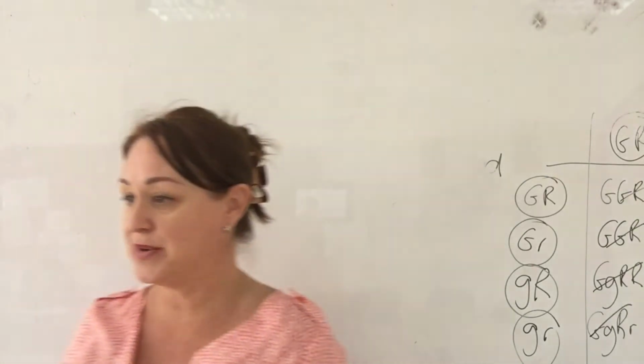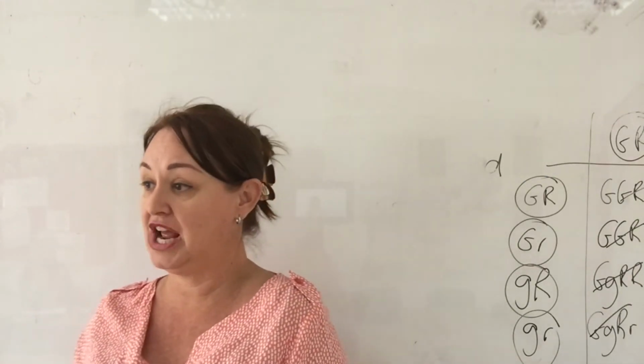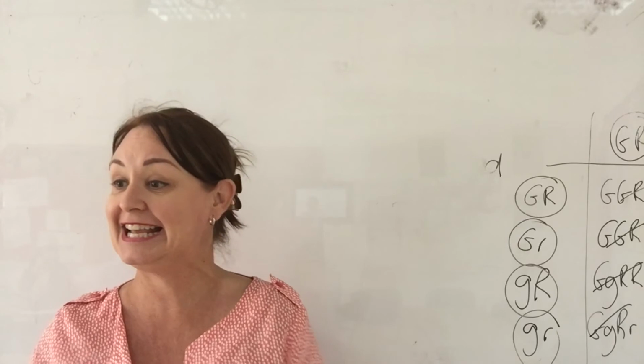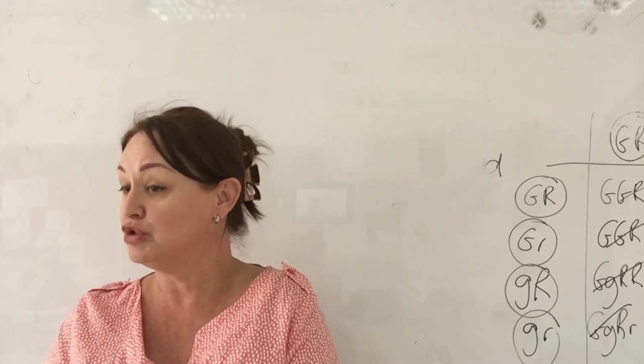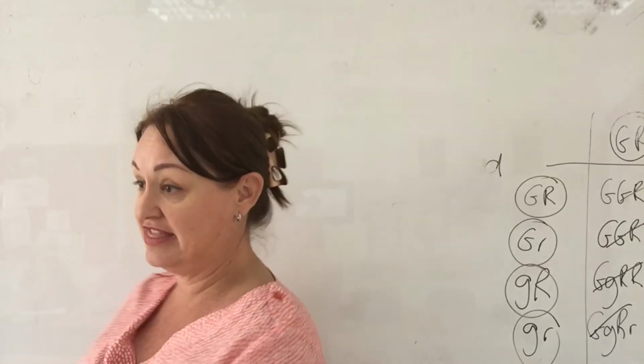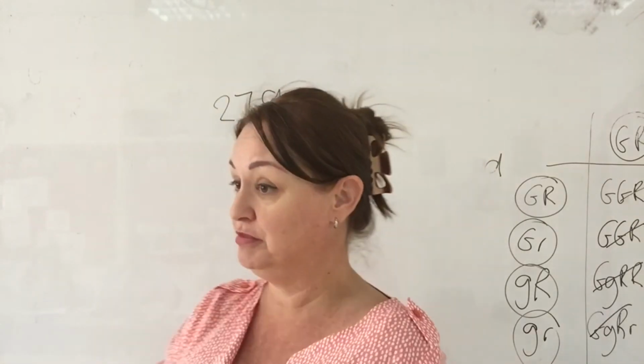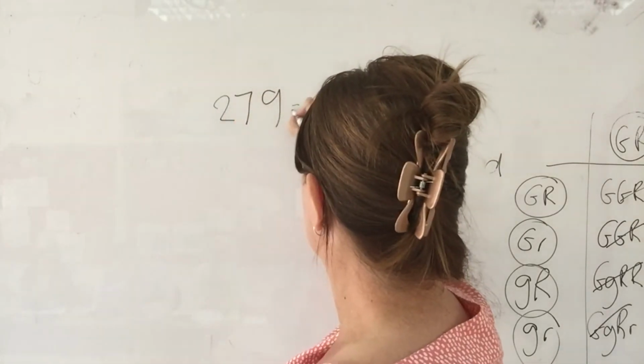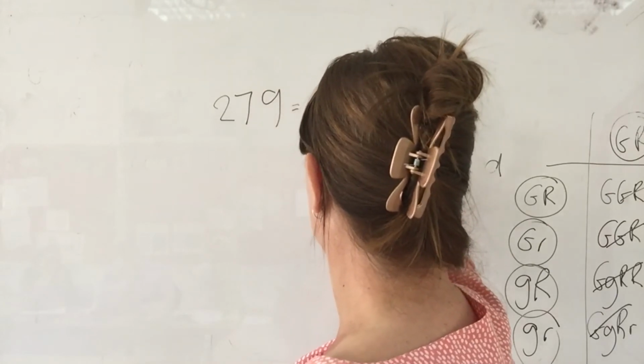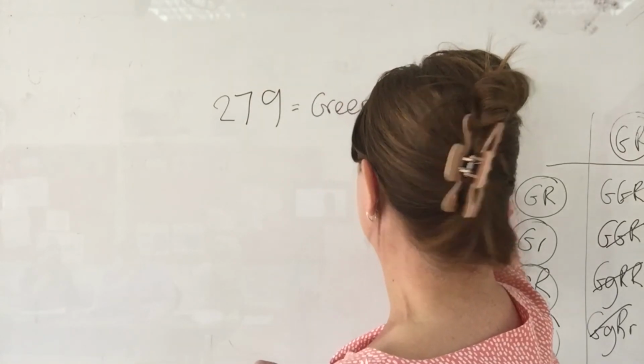In an AQA question, they're going to give you something like, someone grew some seeds, and they found that 279 of them were green and round seeds.